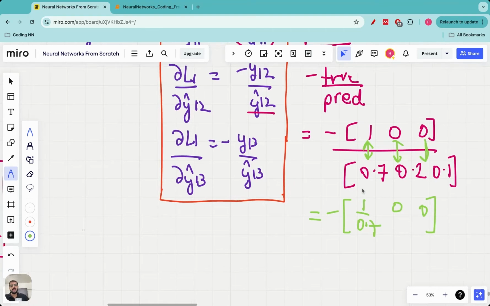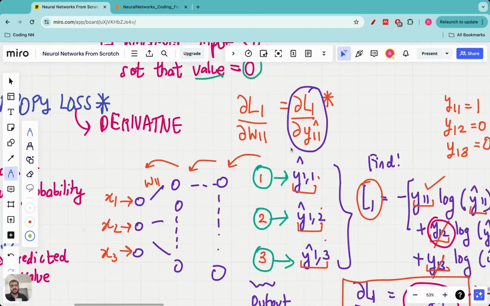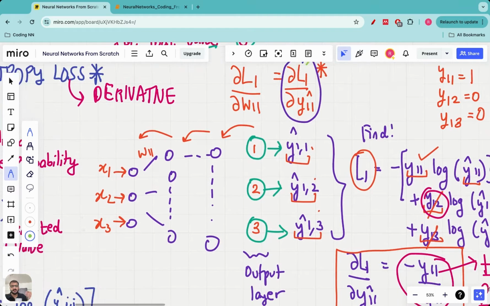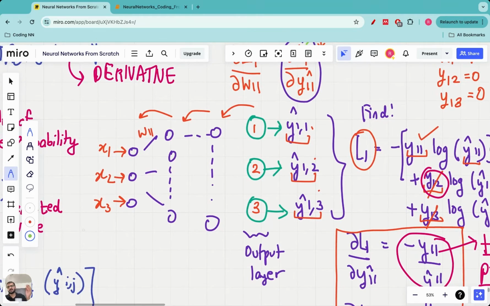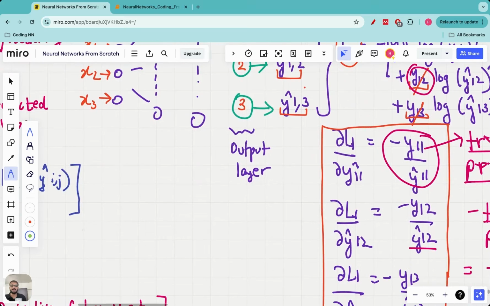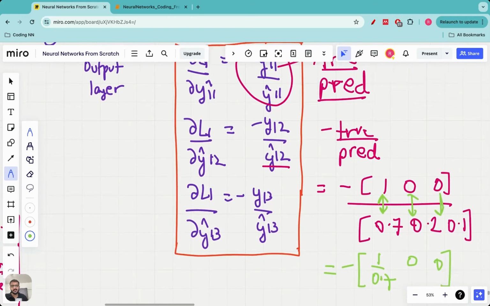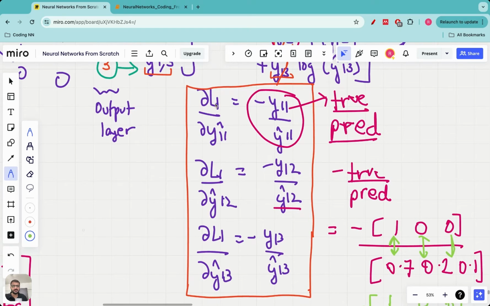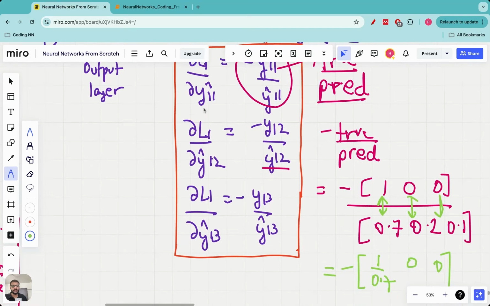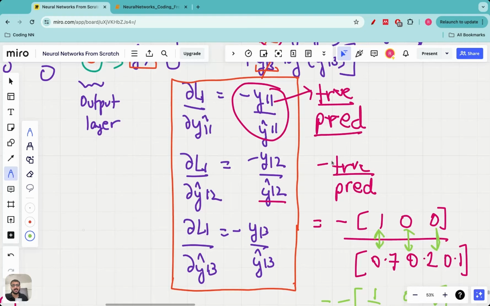And this answer will then be propagated backwards. After calculating the partial derivative of loss with respect to these outputs, then we can go backwards and find the partial derivative of loss with respect to the weights and biases in the preceding layers. So if we have a categorical cross entropy loss, finding the partial derivative of loss with respect to the outputs is as simple as taking the negative of the true value divided by the predicted value.